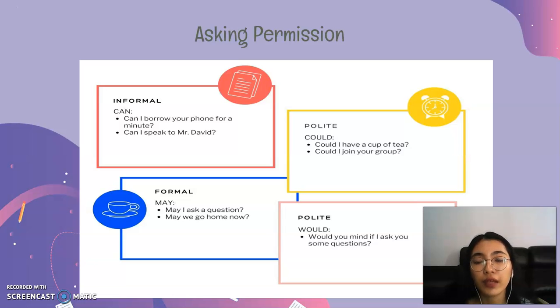When we ask in an informal way, we can use the modal verb can, for example, can I borrow your phone for a minute? Can I speak to Mr. David? And when we want to use a modal verb in a polite way, we can use could, like could I have a cup of tea, or could I join your group, like that.